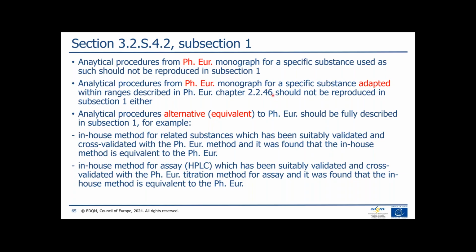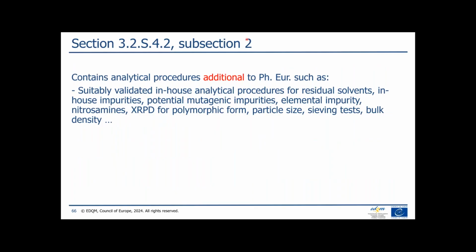Also, if there are referenced procedures from general chapters from the pharmacopoeia monograph which have been adapted, then this also has to be described in the dossier. Concerning the additional procedures, they have to be suitably validated. Of course, this is just a reminder.